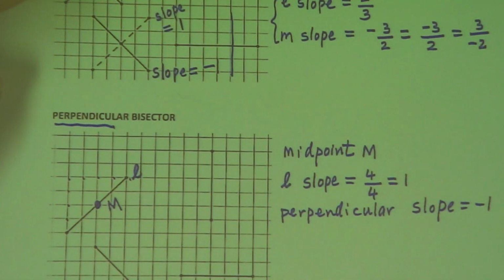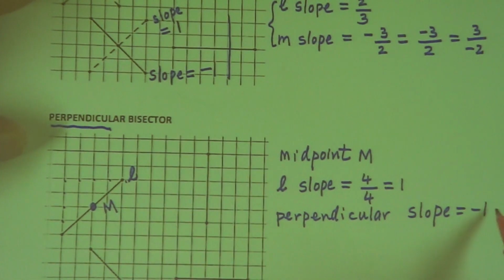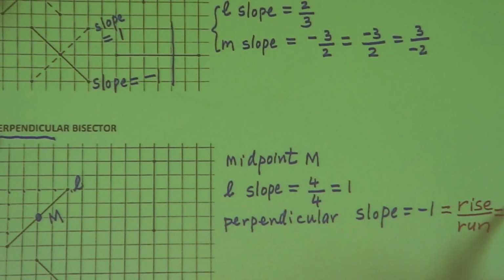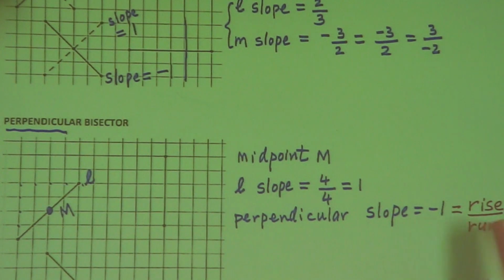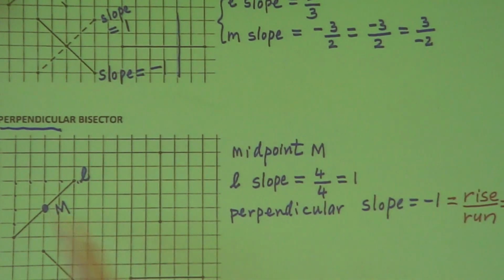So how do we get that? Remember, this must be rise over run. So I could write negative 1/1. And that will be equal to negative 1. Negative 1 means I will go down 1. So starting here, go down 1, and then run 1 to the right.